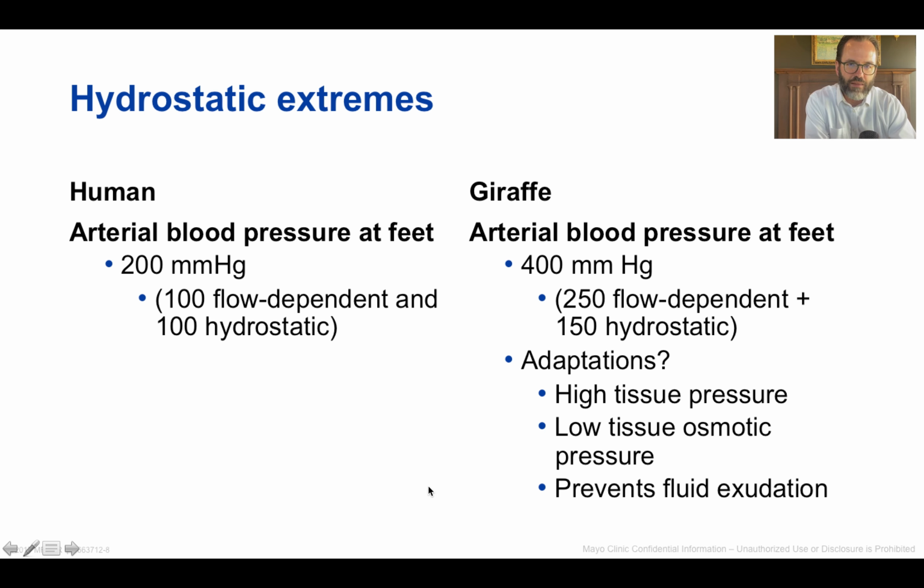So if you go back to the prior lecture, look at those equations, you should be able to see that these are the two places where the hydrostatic pressure gradient is optimized, as well as the osmotic tissue pressure gradient, to minimize fluid exudation into the interstitium.